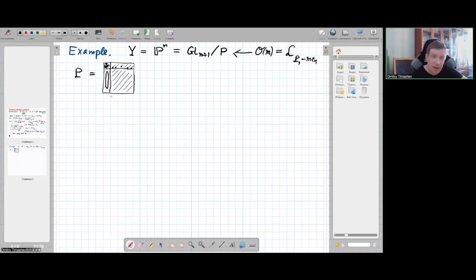But when you are taking functions on this line, then the characters are inverted. So the action on the space of functions is given by the inverted character, minus epsilon 1. This is for the space of linear functions. And when you take the space of functions homogeneous of degree m, then you take this character to the power m, or in the additive notation, you multiply it by m. So this is why this classical line bundle on the projective space is a homogeneous line bundle corresponding to this character, minus m epsilon 1.